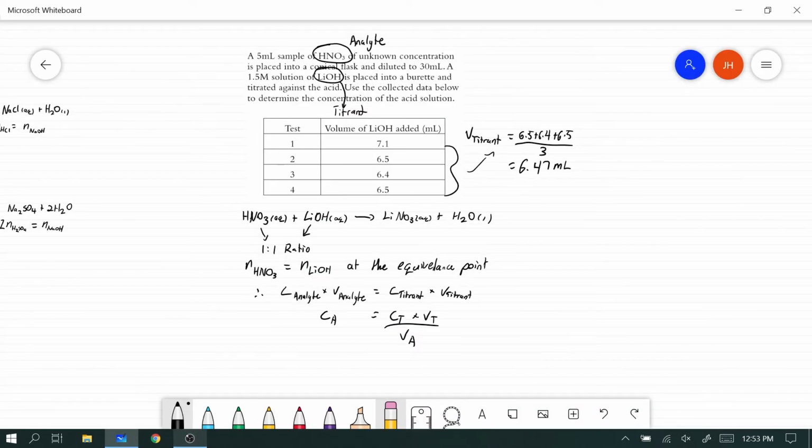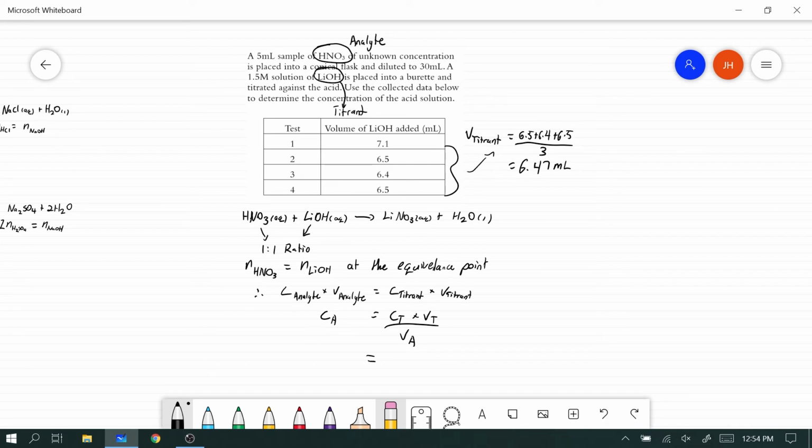So what we should be able to do first is look at our titrant. That's our lithium hydroxide. So we have a 1.5 molar solution, and we've determined that we can hit our equivalence point with the nitric acid of unknown concentration by adding 6.47 mils of our titrant into that solution.